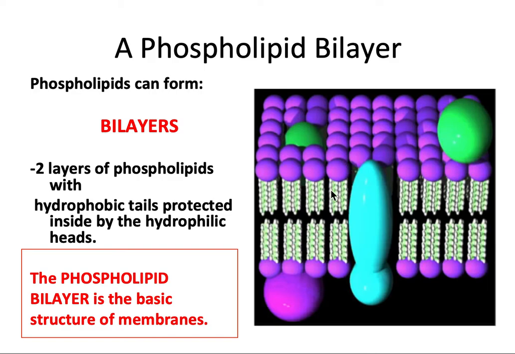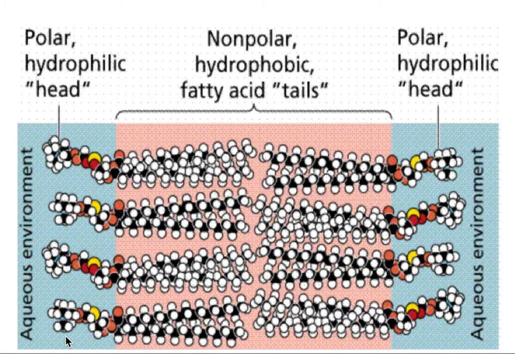They organize themselves in a bilayer with the tails facing each other and the heads protruding away towards the watery environment. As I said, the phospholipid bilayer is the basic structure of the cell membrane.